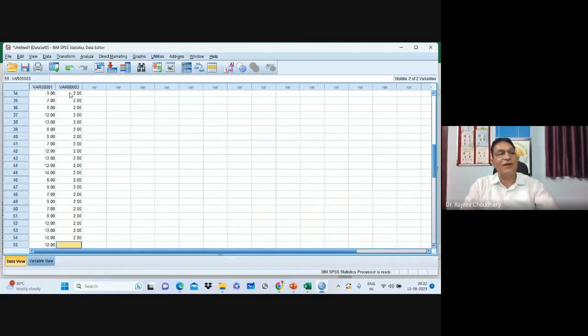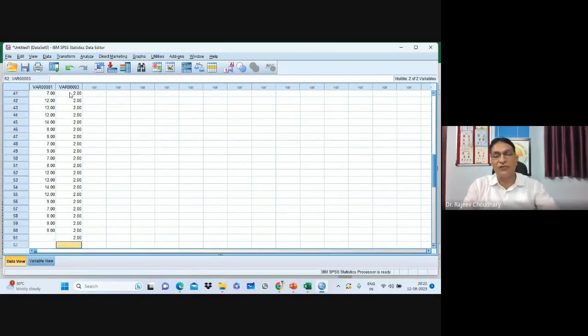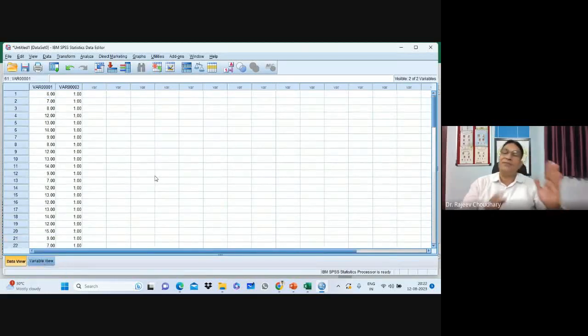In SPSS, we use 2 different columns for analysis purposes, but we entered all the scores in the single column. In the second column, we have given a value for a label, for a variable, and we have males and females for a label.